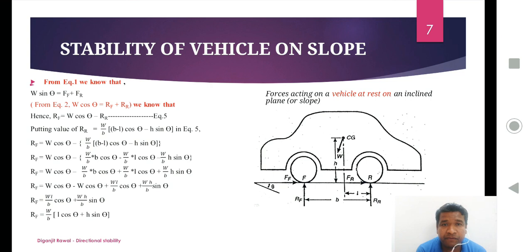So RF is equal to WL by B cos theta plus WH by B sin theta. Here we take the common W by B, then the equation becomes RF is equal to W by B into, in bracket, L cos theta plus H sin theta. So this is the equation for RF, and in the previous slide we have derived the equation for RR.